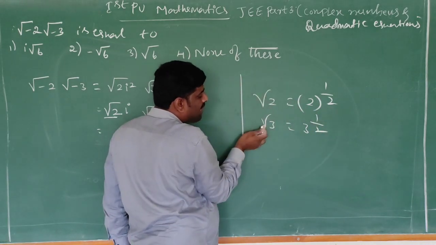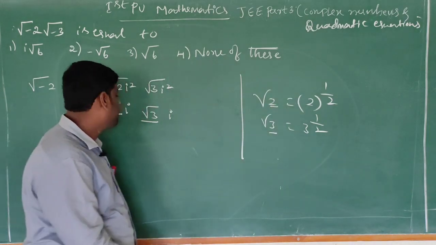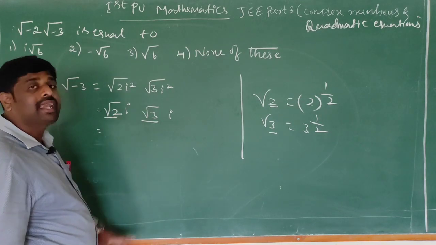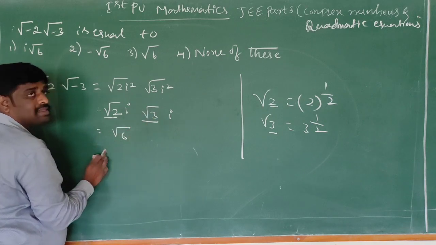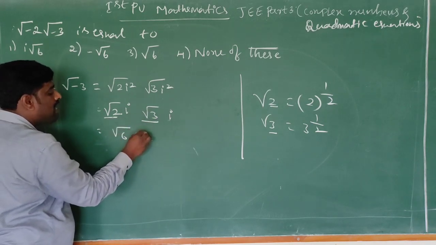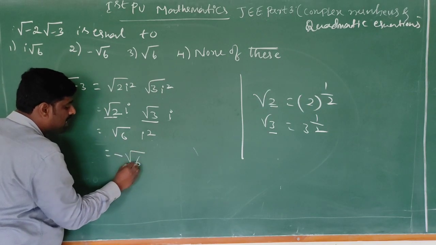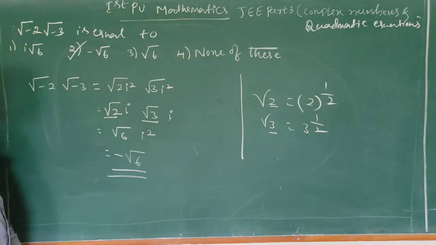When the orders are the same, the numbers inside are called radicands, and we can multiply the radicands. Root 2 times 3 is root 6, times i into i, that is i square. I square means how much? Minus 1, that is minus root 6. Which option? Second option.